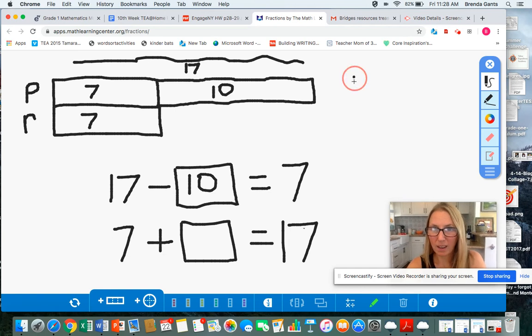And I have another way I could do it. 17 students who were playing minus 7 kids who were reading equaled some students, which we solved was 10 in each one of these number sentences.